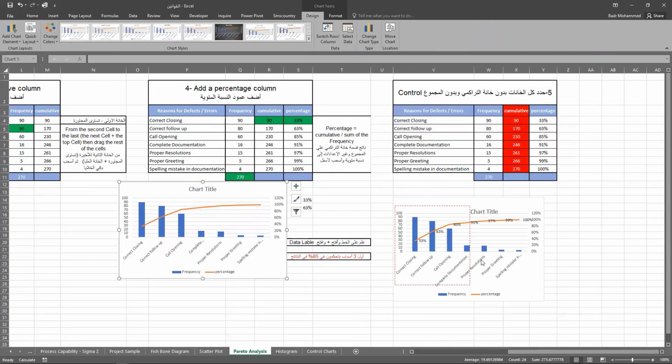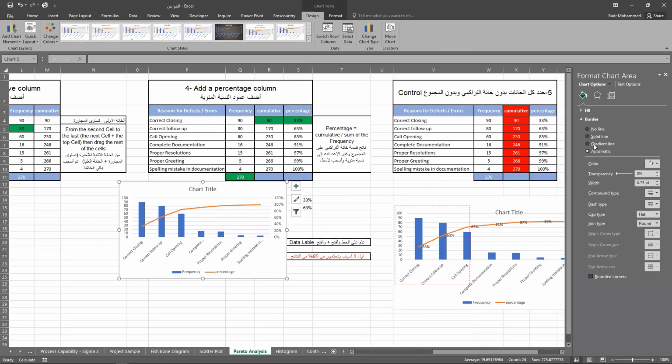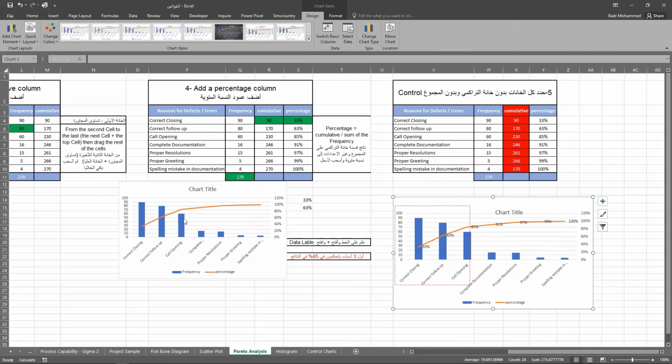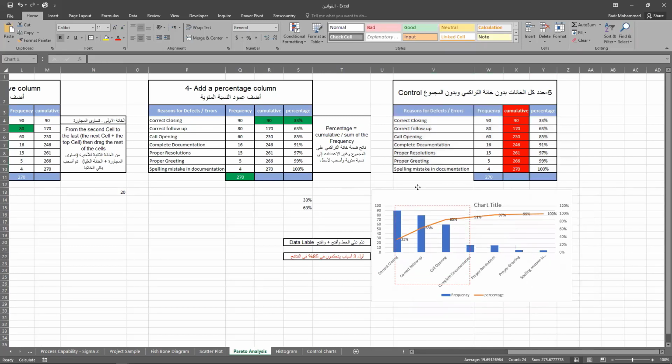So this one is this one, but I don't want to waste your time on designing, because you need to design, add, and remove something here until you reach this shape. But it's very easy. Most of you know how to do it, so no need to waste our time. If you don't know, tell me, and I will make a small video on how to get it like this.